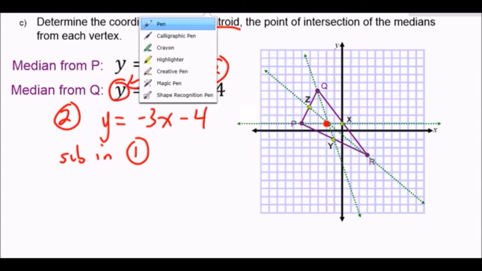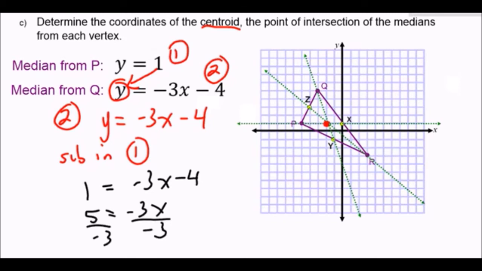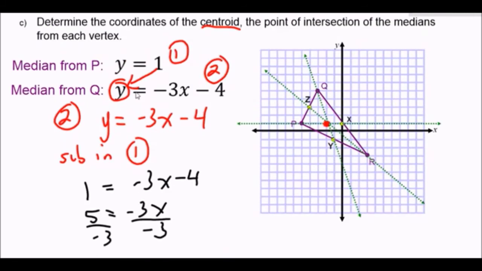And in this case, y equals 1. So 1 equals negative 3x minus 4, and now I can solve for x. So add 4 to both sides and divide by negative 3, and I get an x value of negative 5 over 3. And of course, we already know that the y value is right here, y equals 1.